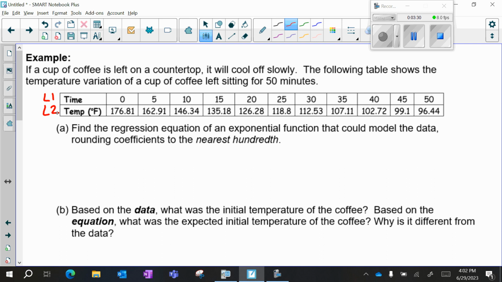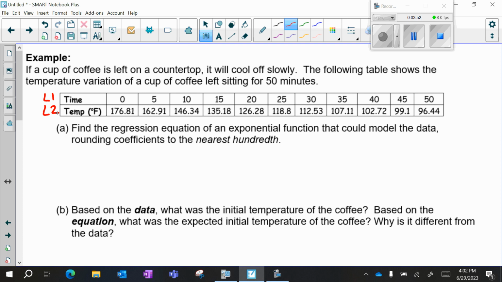I'm not going to review that in the video, but you're going to hit Stat Edit and enter all that information. And then when you're ready, don't run your regression model yet. We're going to do that together, so hit play, and I'm going to show you how to do it and store your values from the equation into your y equals.